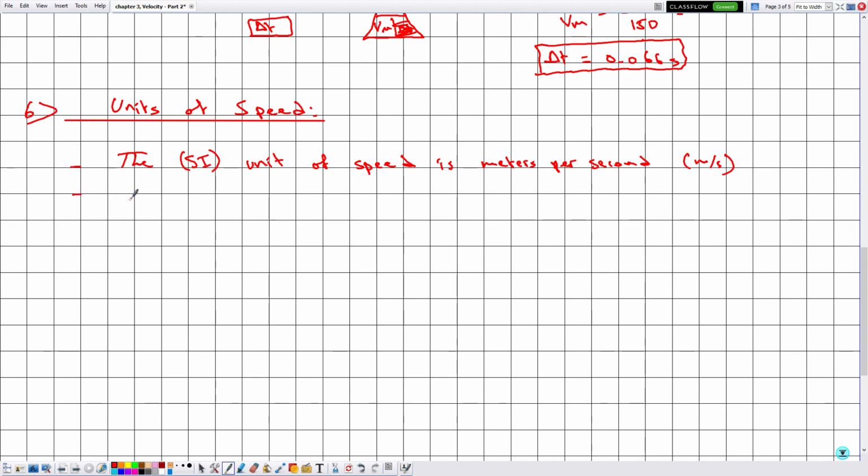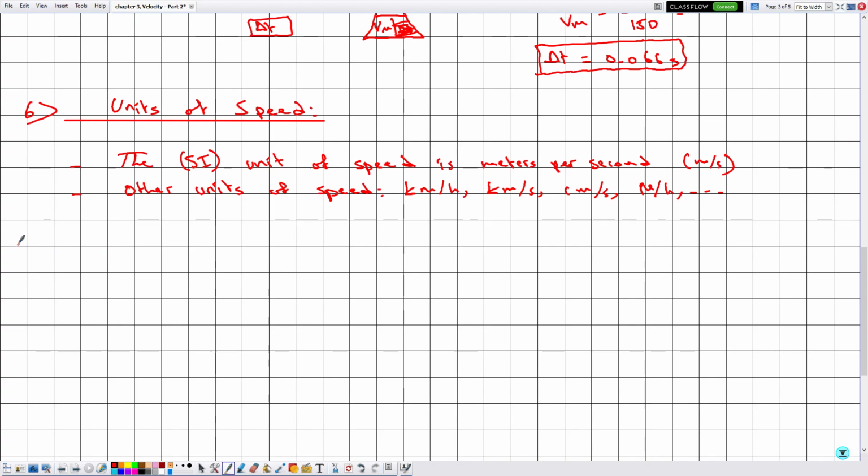And other units of speed are given by kilometers per hour, kilometers per second, centimeters per second, miles per hour, and so on and so forth.